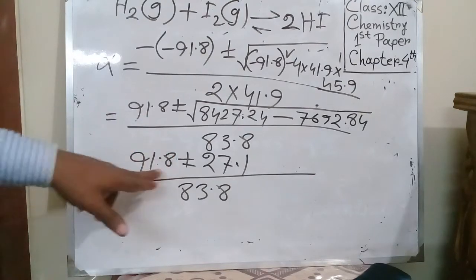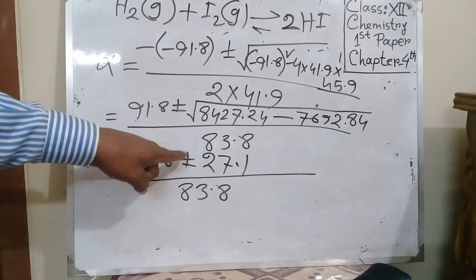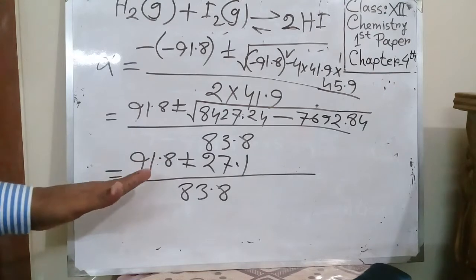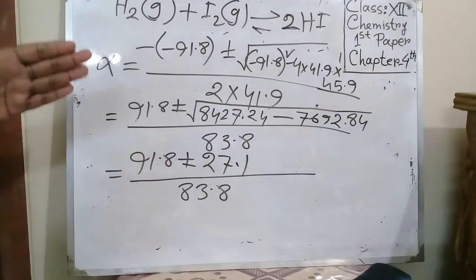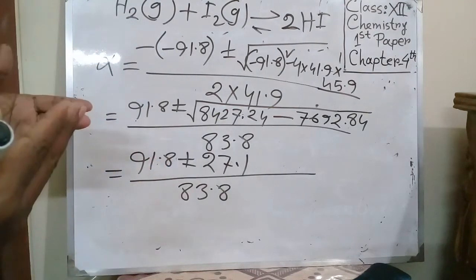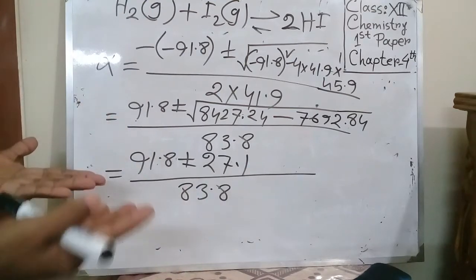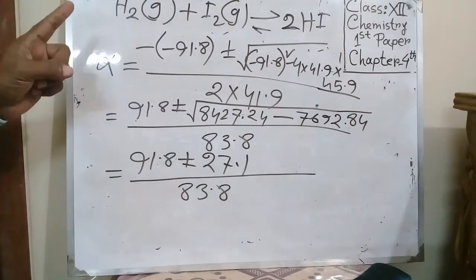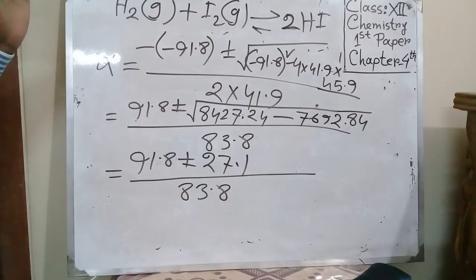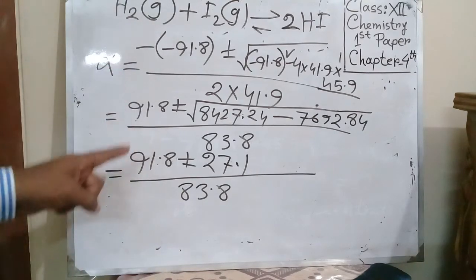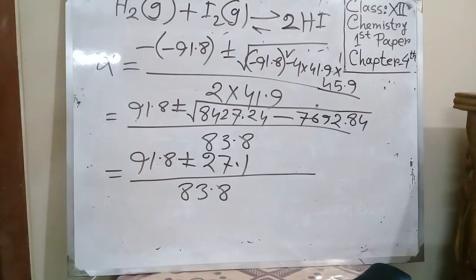Now look, there are 2 signs, plus and minus. You can add or you can subtract, both you can do, but you need to remember that just 1 mole you have taken in the reaction. In the question only 1 mole.